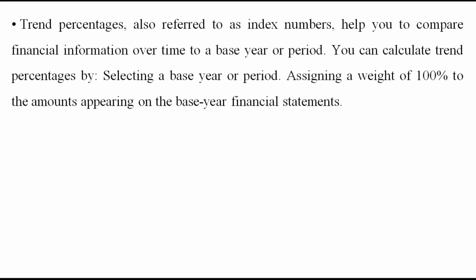Base period means the previous year sometimes, or the zero year is also called the base year. Trend percentages are calculated by a simple formula: once the base year is selected, the current year amount is divided by the base year amount and multiplied by 100. So a weight of 100% is given to the base year financial statements.